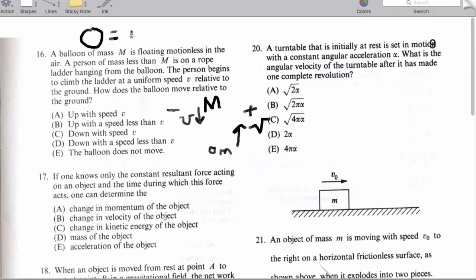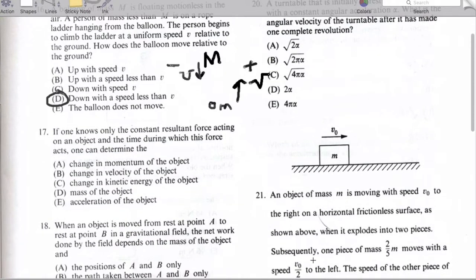I have little m moving at a big V, plus I have the balloon moving at its final V. When I isolate V final for the balloon, I'm going to get that v final equals little m over big M times the velocity of the balloon. Since little m's smaller than big M, Vf has to be less than V initial. So it's going to move down with a speed less than V.